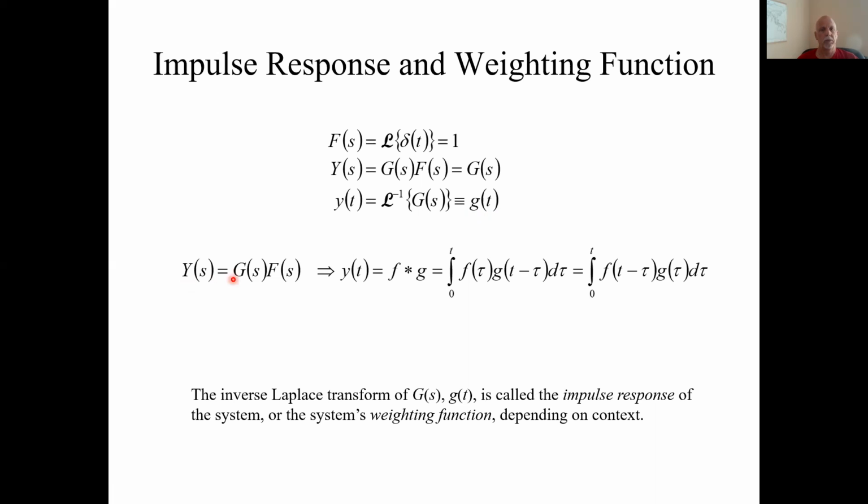So I have the output. This is the relationship between output, transfer function, and input. And what it means is, in the time domain, the output is the convolution of f and g. That's what that means, or this, either way, since convolution is commutative.